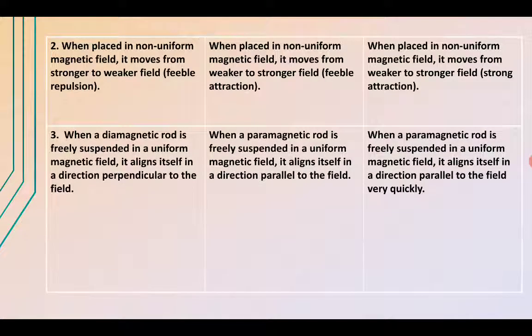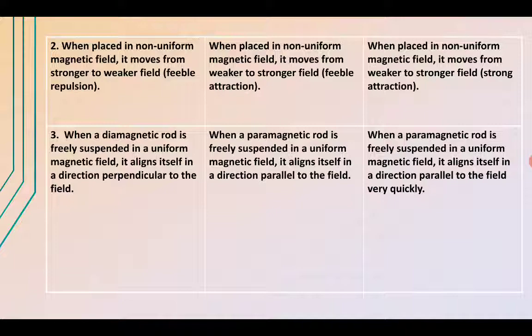Now when these substances are placed in a magnetic field, diamagnetic substances move towards the weaker field, from stronger to weaker, that is repulsive nature. When the paramagnetic are placed in a magnetic field, they are moving along the field weakly, and the ferromagnetic, they are moving along the strong magnetic field.